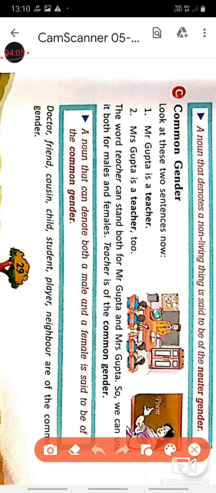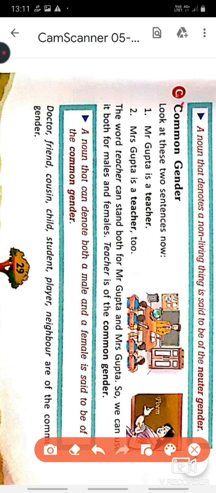The 4th category or type is common gender. Now there are certain words which are suitable both for boys and girls, both for a male and a female. For example, there are teachers in your school, and you notice that a male member and a female member are both your teachers.